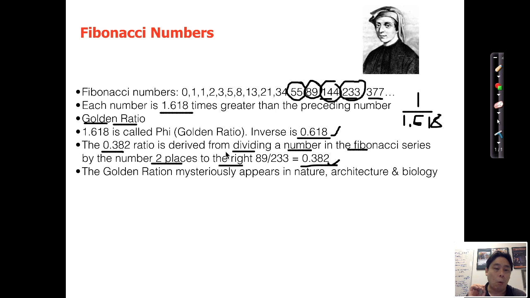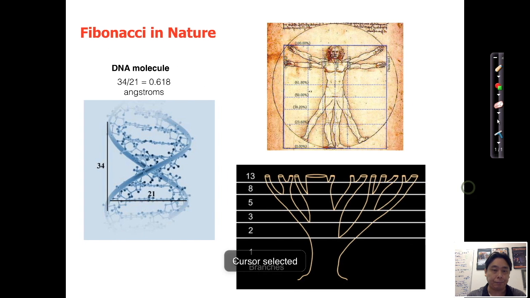Okay. Now, why? Because this golden ratio, 0.382 and 0.618, mysteriously appears in nature, architecture, and biology, and that's right, even stock charts. So for example, if you ever had a chance of using a superpower microscope and you can look at your DNA, well, that's what a DNA molecule looks like, right?